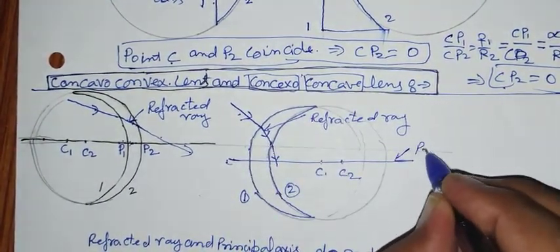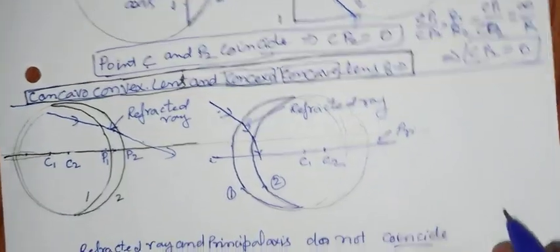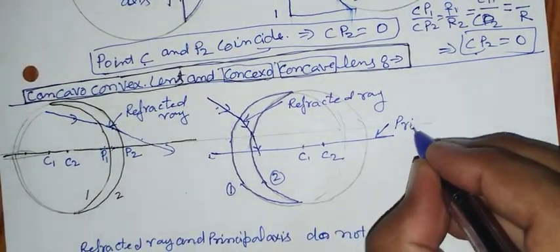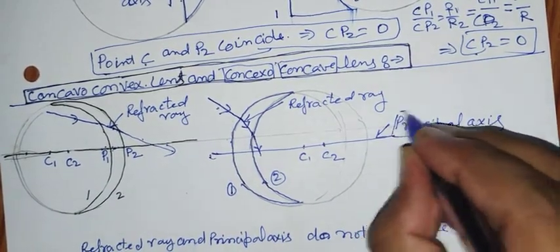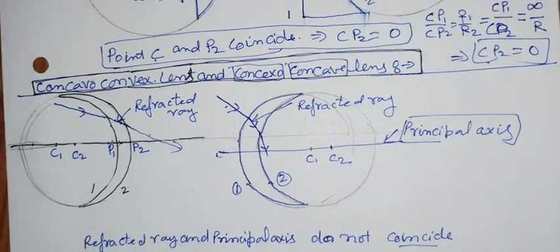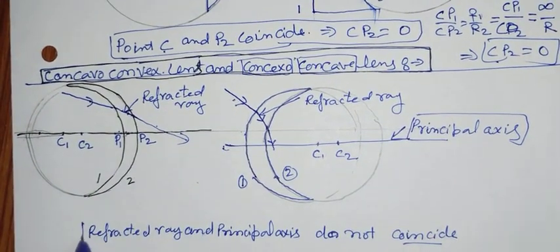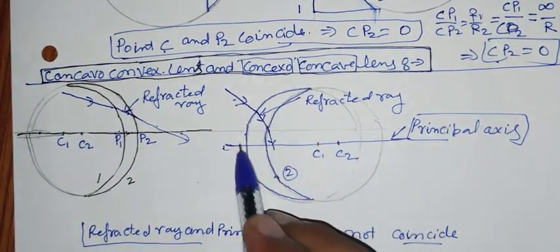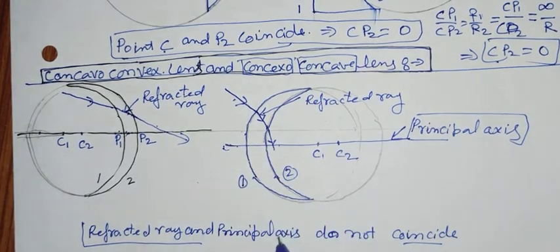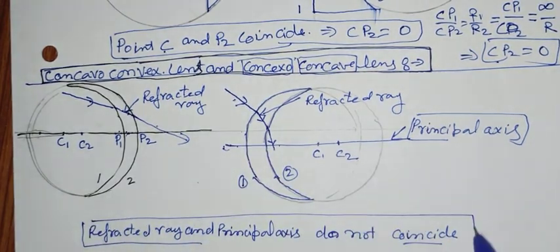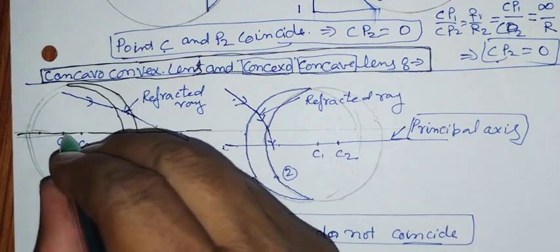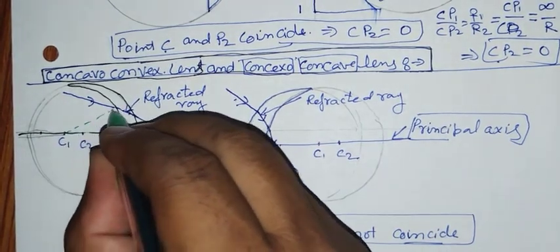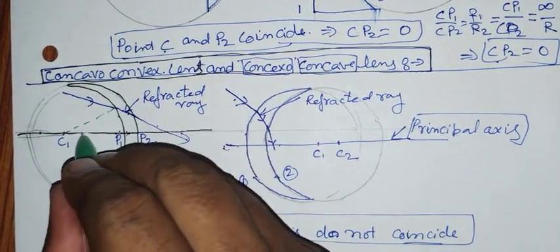Here also the same situation holds. What is the same situation? The refracted ray and principal axis do not coincide. Right? Let us see the normal here in both cases.